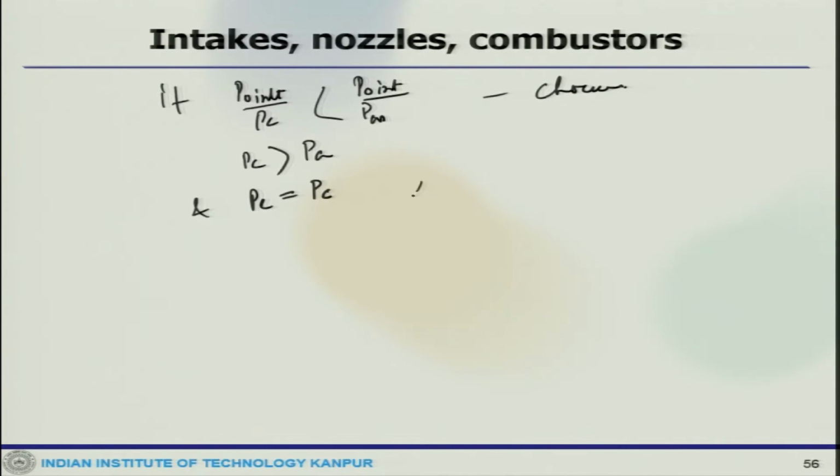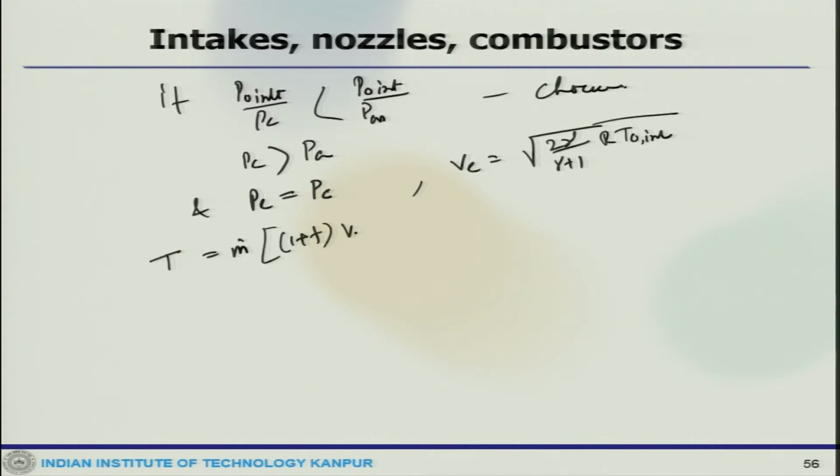And V exit would be the square root of 2 gamma by gamma plus 1 times R T naught inlet, and the thrust equation would be m dot times (1 plus f) V e minus V f, plus (P e minus P a) times A exit.